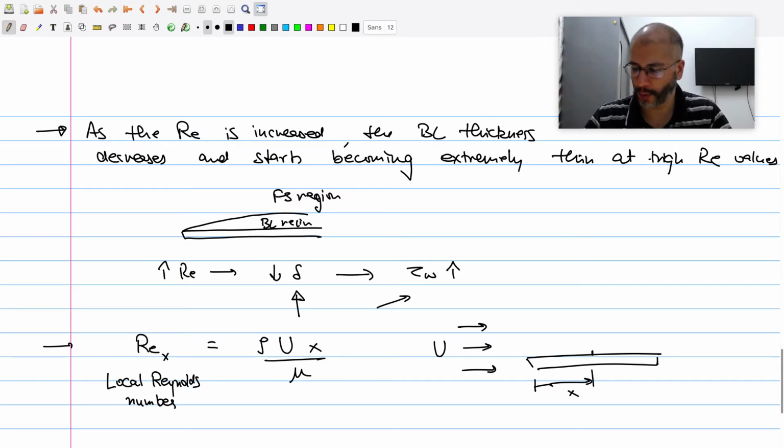If you were to take x equal to L, the complete plate length, then you would call it the Reynolds number based on the length L, rho u L by mu. So as you go from left to right, the Reynolds number will increase based on this definition.